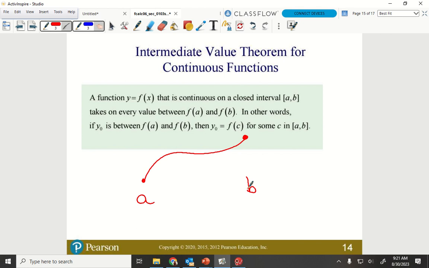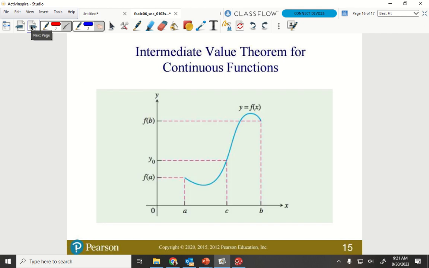Okay. So it has to be somewhere in between there. If it is continuous, it is somewhere in between there. Okay? Here it is continuous. That means that if it is a closed dot here, for any value that I pick in between here, it must be somewhere on my line. So if I say c is somewhere between a and b, and it is continuous, it must be somewhere here.